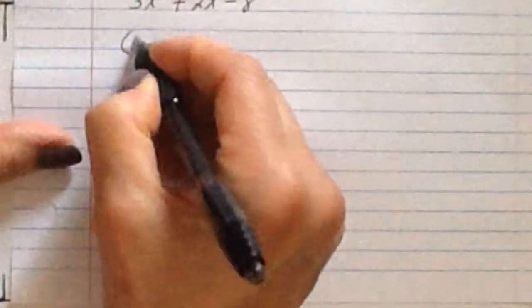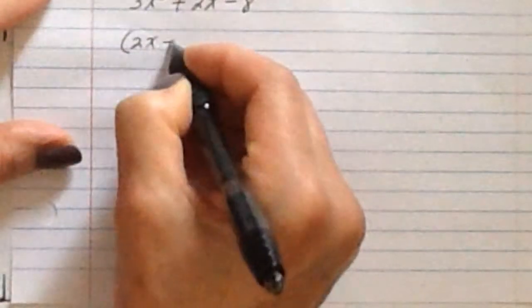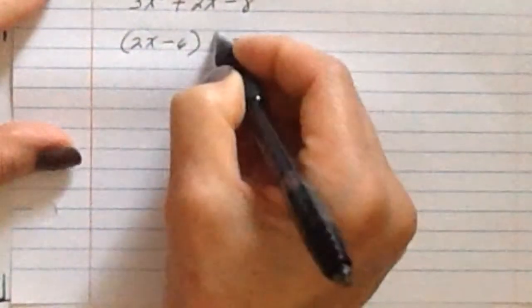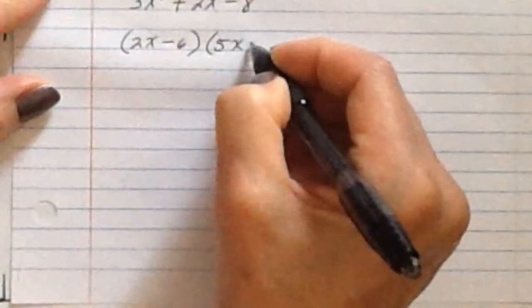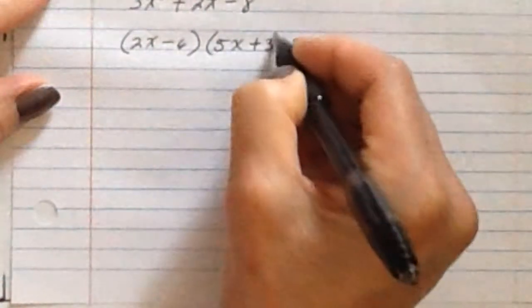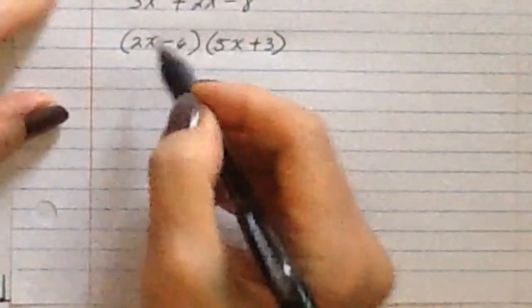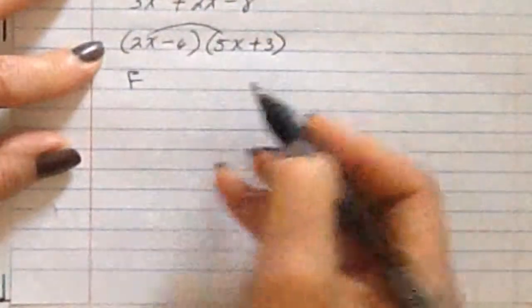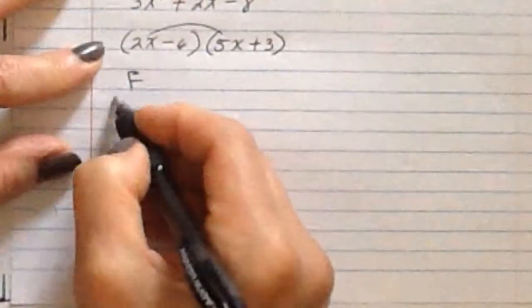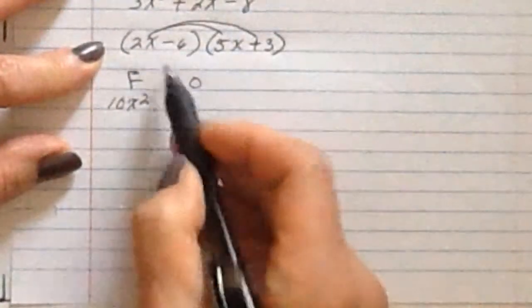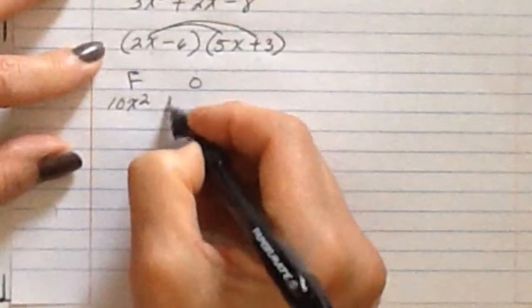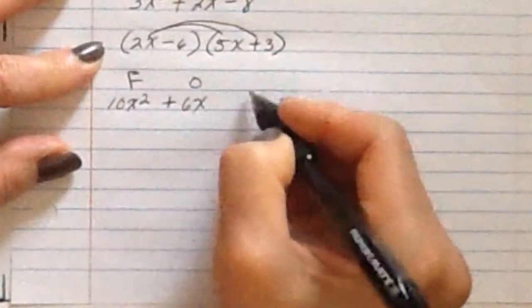We'll do 2x minus 6 times 5x plus 3. Okay. First, 2x times 5x, 10x squared. Outer, 2x times 3, plus 6x.